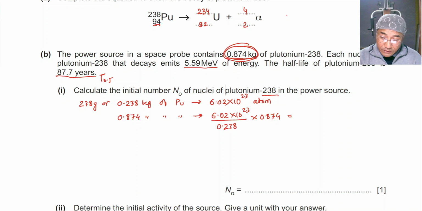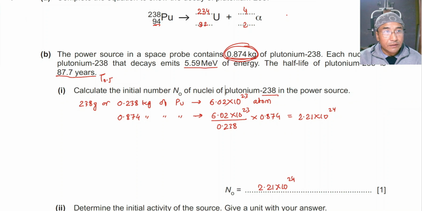When I do the calculation, 6.02 exponent 23 into 0.874 divided by 0.238 equals 2.205 and so on. So I just write it as 2.21 into 10 to the power 24. So the initial number of nuclei is 2.21 into 10 to the power 24.